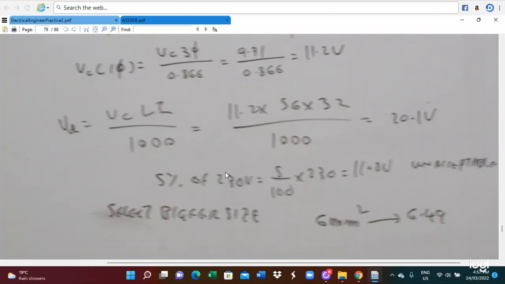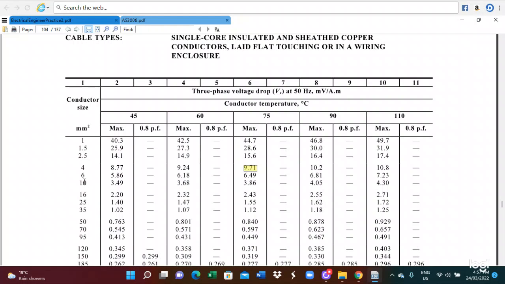So for this selection, we select the 4 millimeter square. This value we substitute. The value is more than the 5% supply voltage, not acceptable. Therefore, we select the bigger size. For the bigger size, we substitute the 6.49. This 6.49 is substituted in this problem.